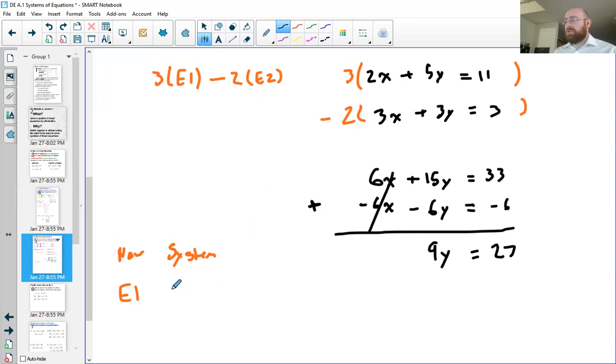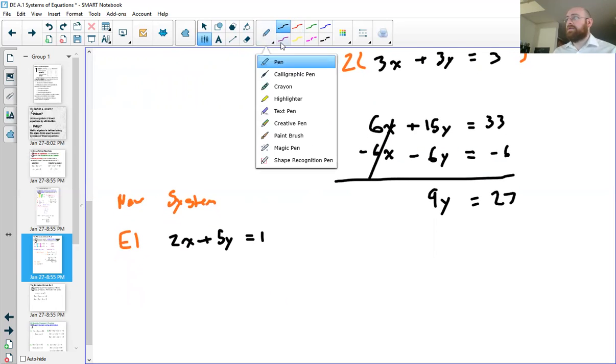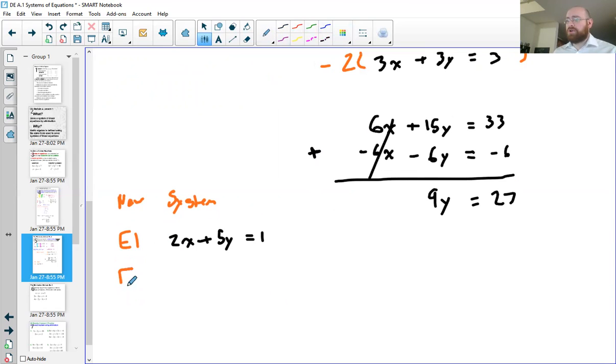It's still going to be 2x plus 5y equals 11. And then our second equation, I'm going to call it E2.2 because it's the second version of our second equation. And this is just 9y equals 27.